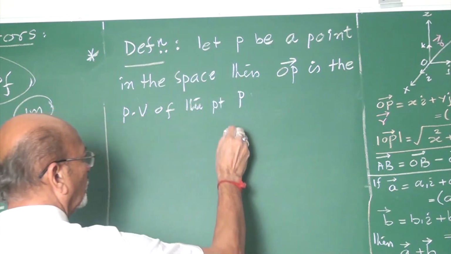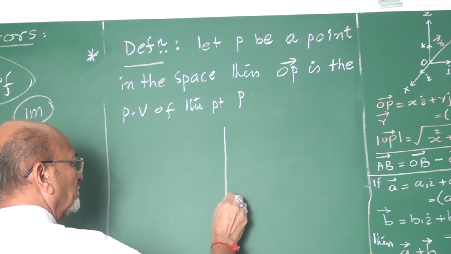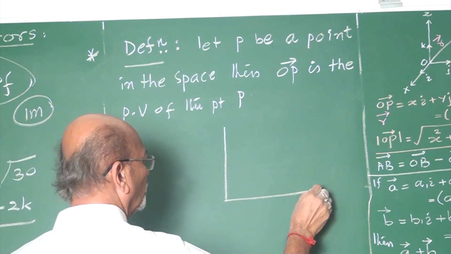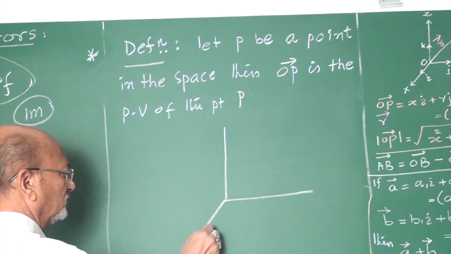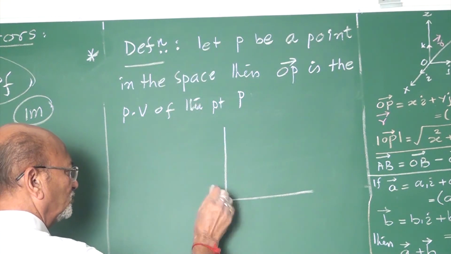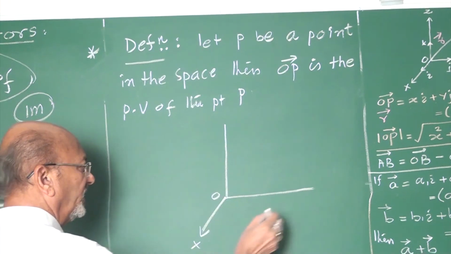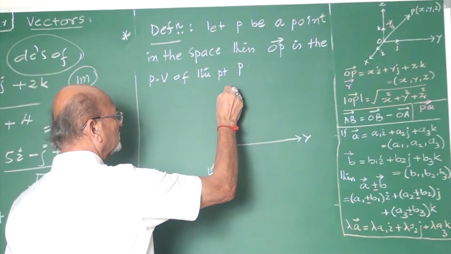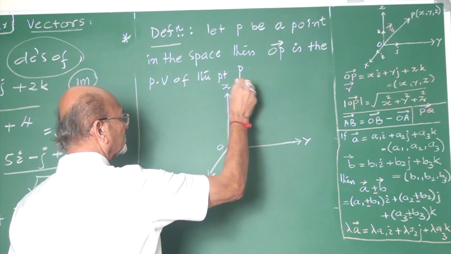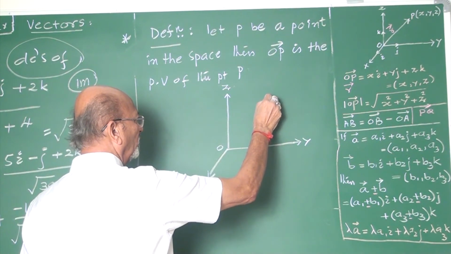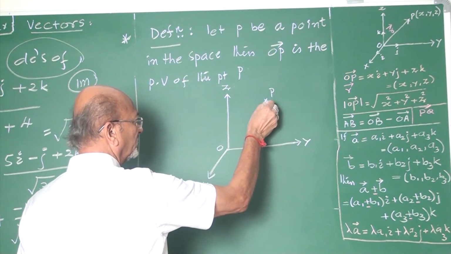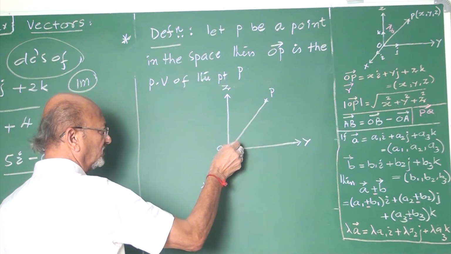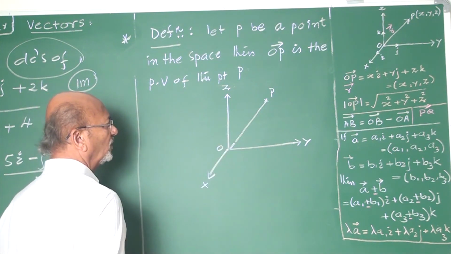Yes, my friends, if you want a figure, space means 3 coordinates. This is the origin of reference, this is the x-axis, this is the y-axis, this is the z-axis, this is your point P, then this is your vector OP.